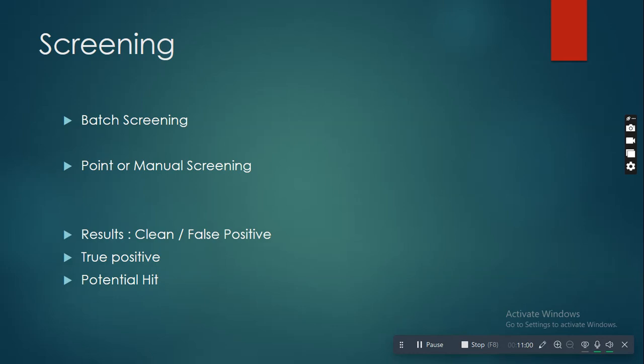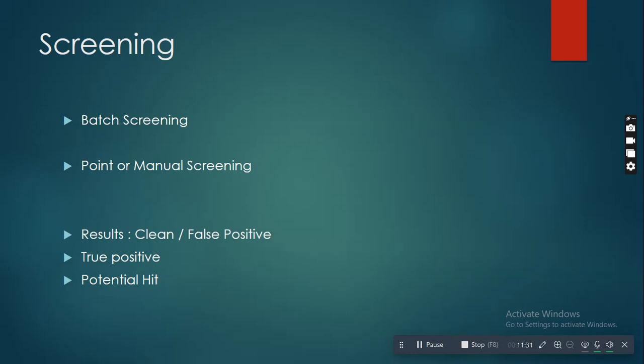Now, during screening, it's not necessary every time, but generally, and depending on the organization, the results are as follows. There is clean or false positive. The nomenclature might differ in different organizations. This means that during screening we did not find any issues with that client or entity, so it came out clean.